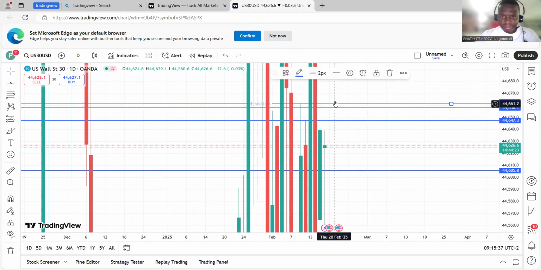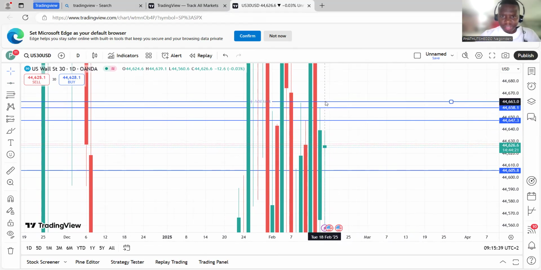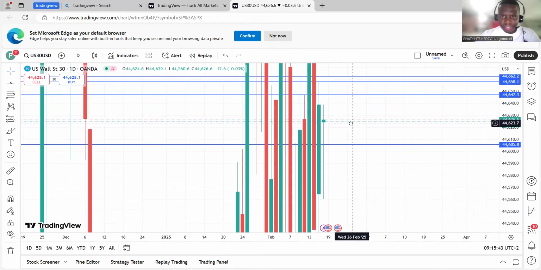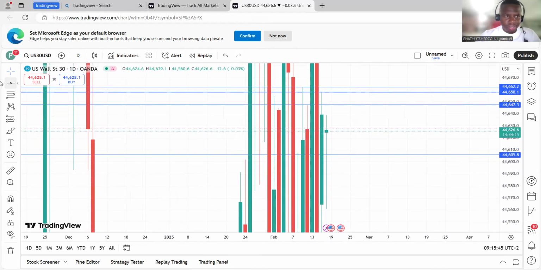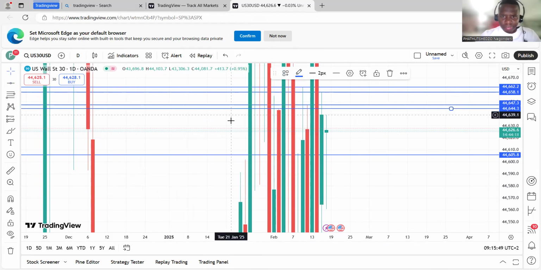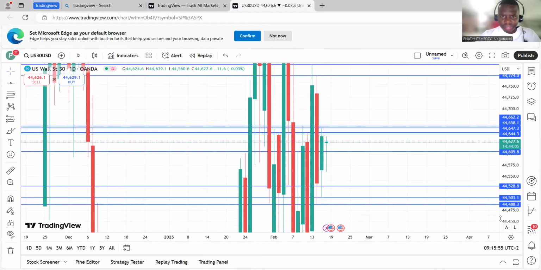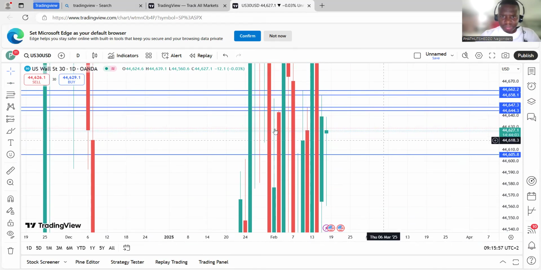Yeah, it's not messy. This is simplicity, guys. This is simplicity at its best. This is what we mean when we say your analysis must be very simple.